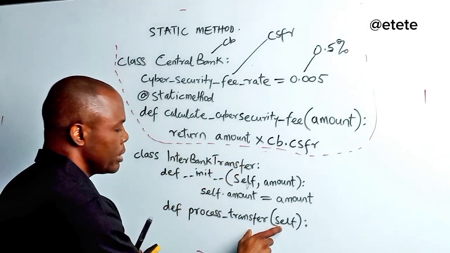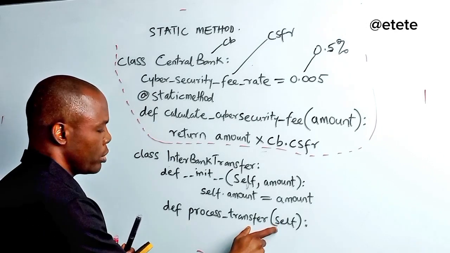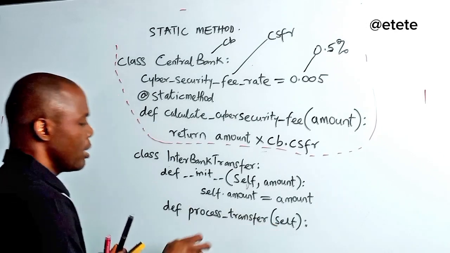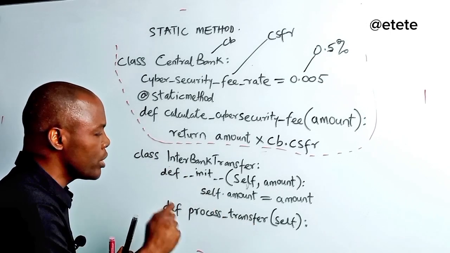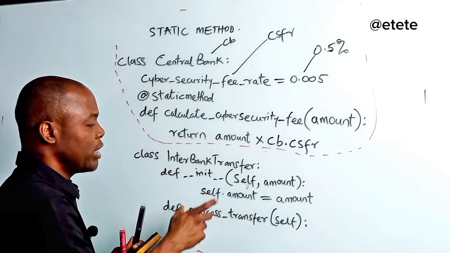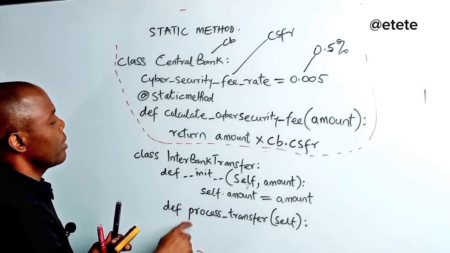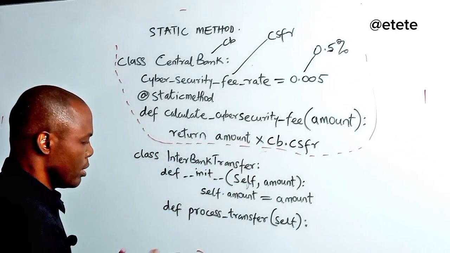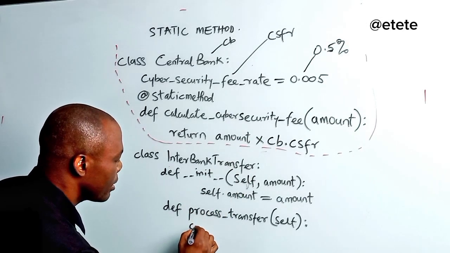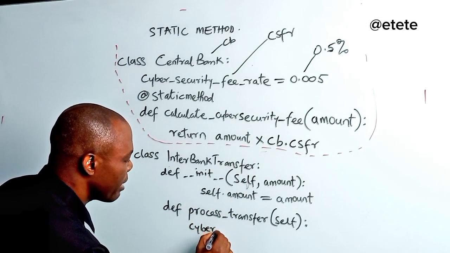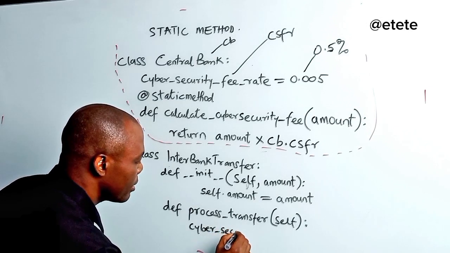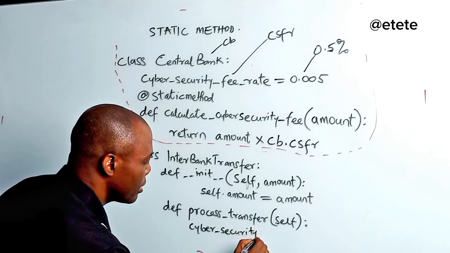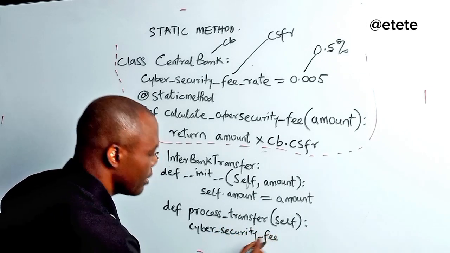Now, what do I want this process method, process transfer, to do for me? So in this process transfer, I'm going to create activities, which is what? Cybersecurity fee. So inside it, I will say cyber security fee, right?